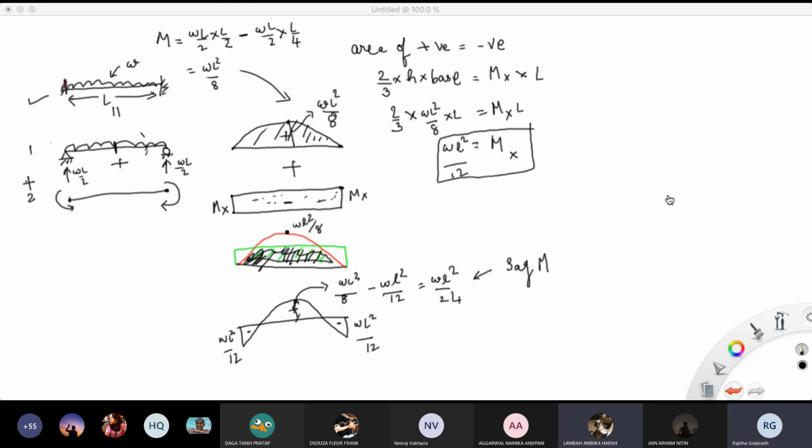Oh, sorry, I did have a question. How did we decide initially that sagging is positive and hogging is negative, even earlier? How did we consider that? That's because that's just a nomenclature. And the nomenclature में क्या होता है? For any kind of building, if you see, there are more sagging moments than hogging moments. You can always feel that the beams are sagging, the slab is sagging, right?